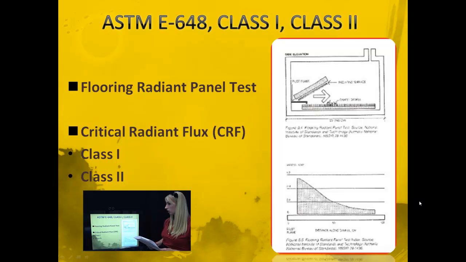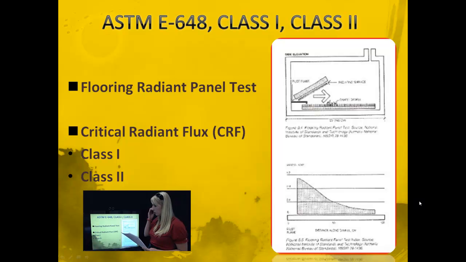The next thing is the critical radiant flux, and this is the minimum amount of radiant energy needed to sustain a flame. During this test, the flame is allowed to move along the carpet until it is no longer reinforced by the radiant energy force and self-extinguishes itself.